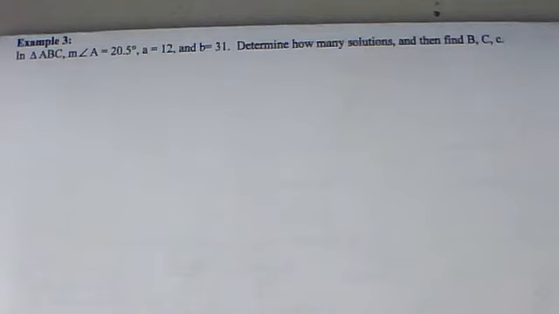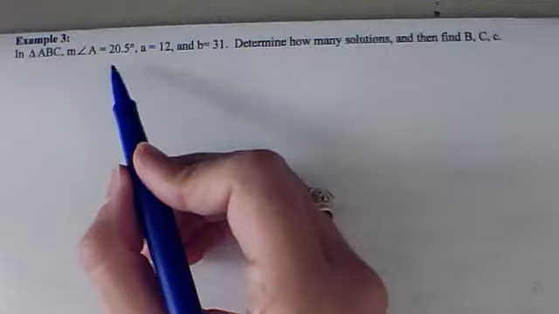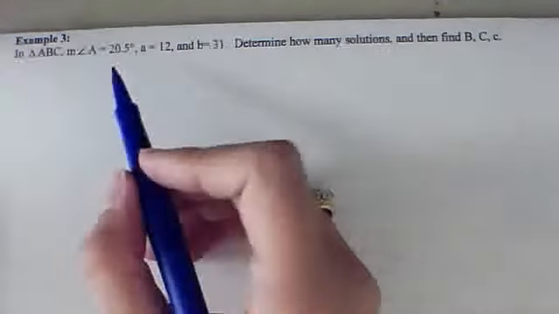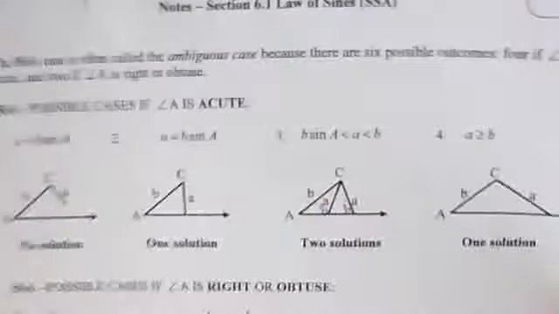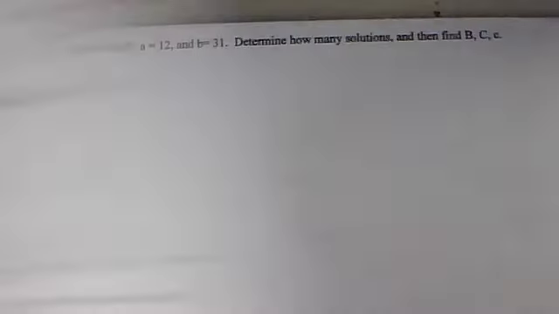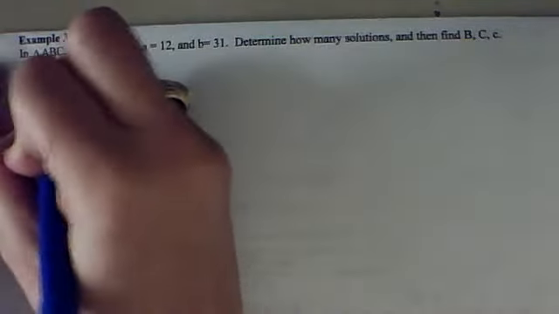All right. The first thing we want to do is figure out which case this falls into. 20.5 is acute, so it's one of our first 4. Let's go ahead and look back here, first 4. We know that B is larger than A, so this one is out, and we'll have to find that B sine A again.